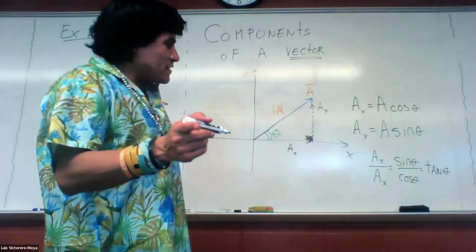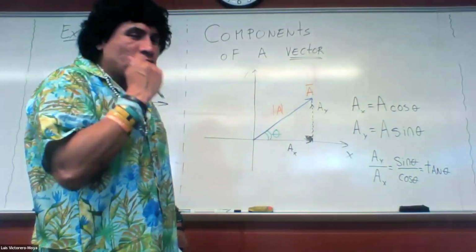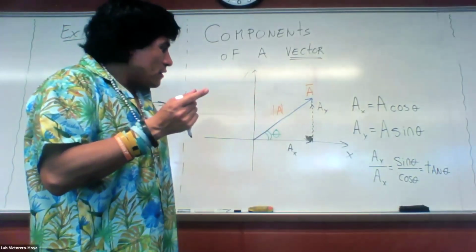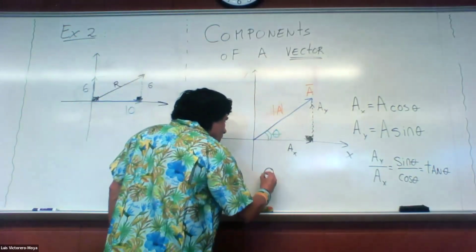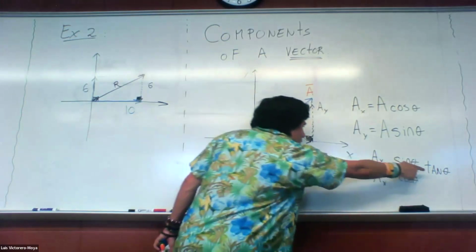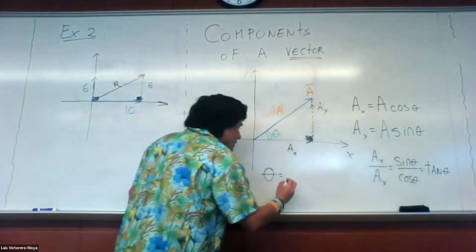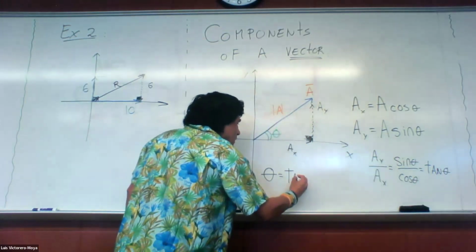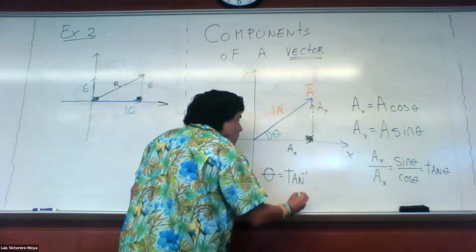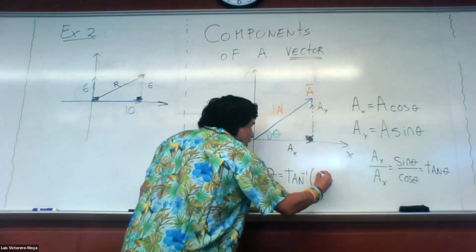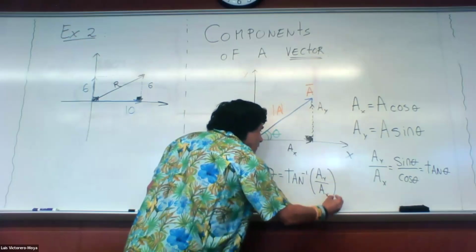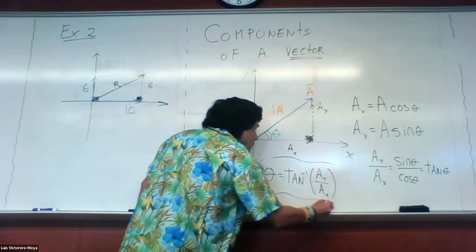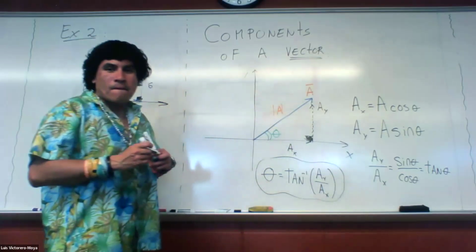And like I showed you in the slides, I can find the value of theta using tangent inverse. So my value of the angle using this is tangent inverse of AY over AX. There you are.